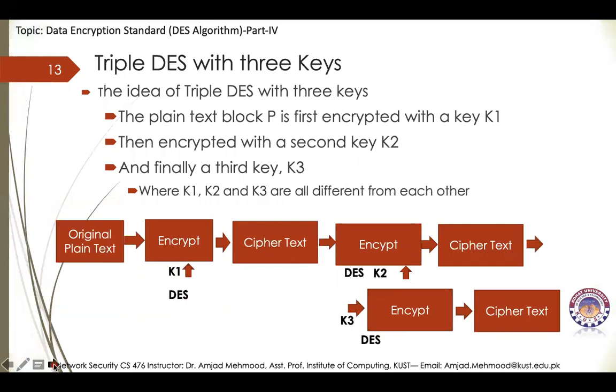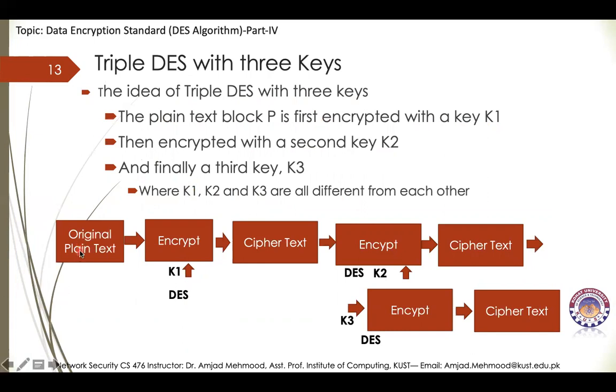Now, triple DES with three keys. The idea of DES with three keys is that the plain text block P is first encrypted with a key K1, then the encrypted data with a second key K2, and finally a third key K3, where K1, K2, and K3 are all different from each other.